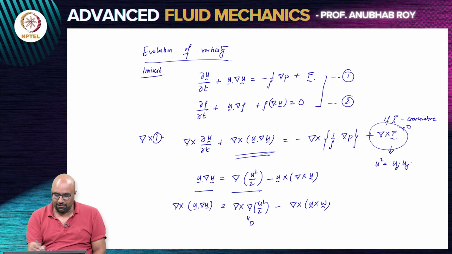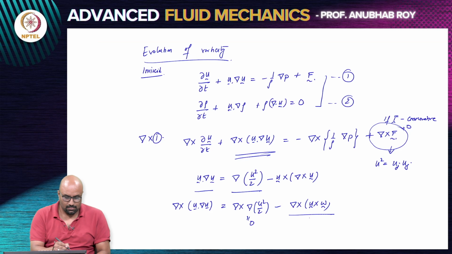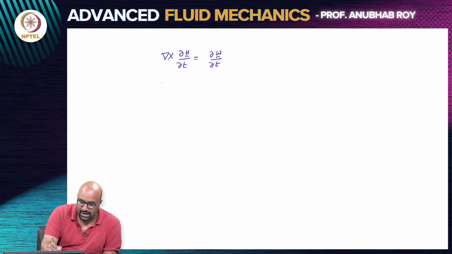So, we land up with the fact that the curl of the advective term, the advective nonlinearity, is curl of u cross omega. So, we now have the first term, which is curl of dou u dou t. Commuting the two operators, I get dou omega dou t. The second term is curl of u dot del u, which is minus curl of u cross omega.